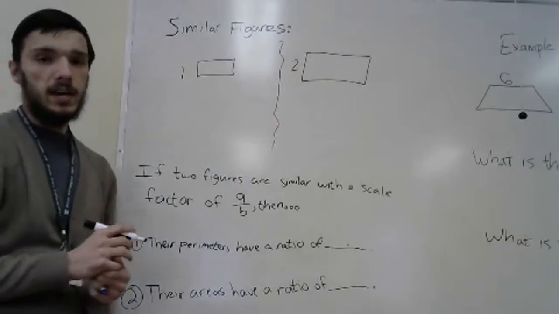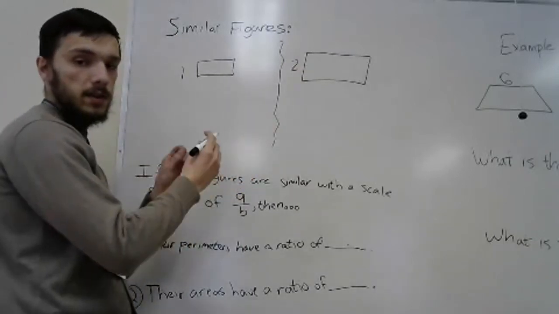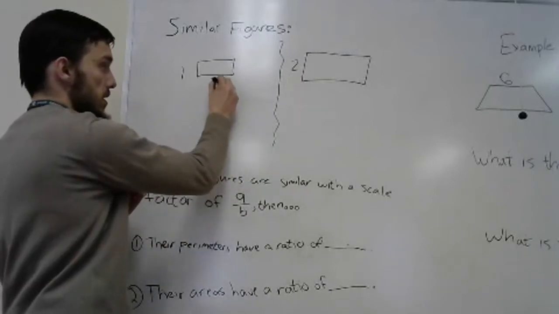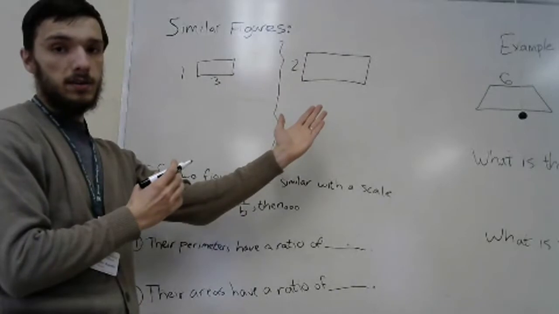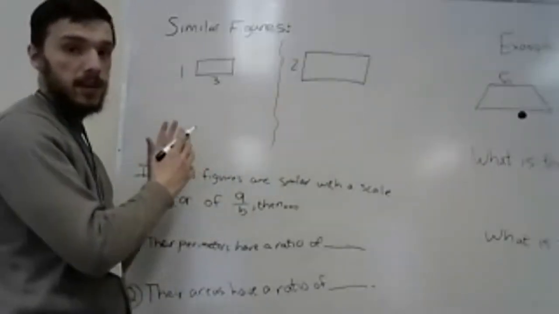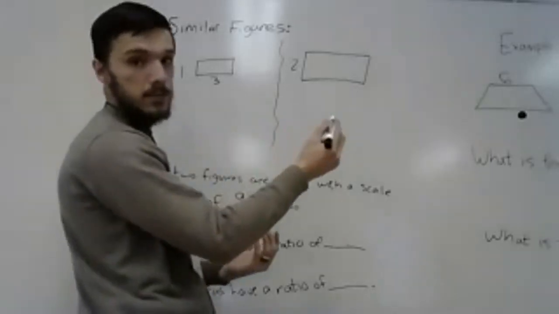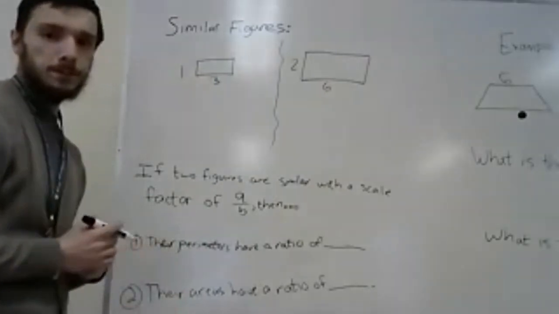Now if we make the length of our smaller rectangle 3, the length of our larger rectangle has to be 6 because our scale factor is 2. 3 times 2 gives us 6. Okay?